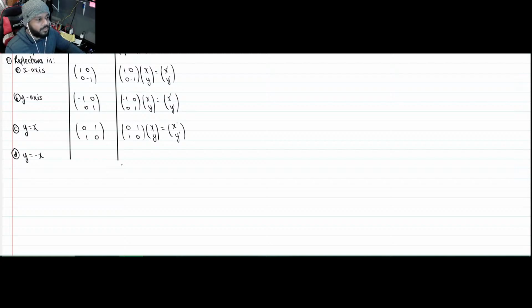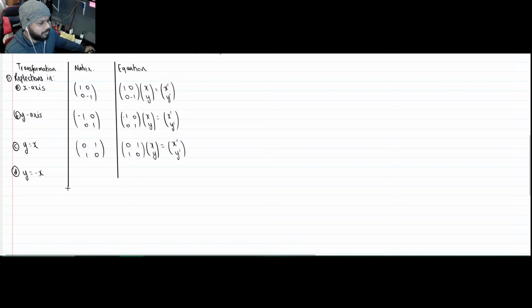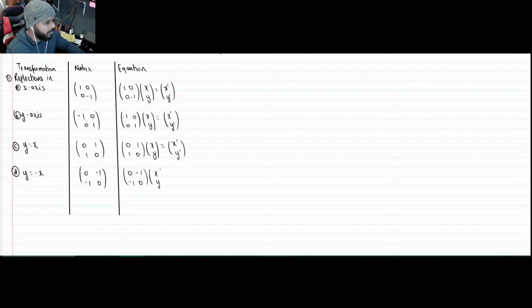These are for reflections alone. Let me just extend these lines here. It will be 0, minus 1, minus 1, 0. And the equation will be 0, minus 1, minus 1, 0 multiplied by the object point, and this will give me my image point.